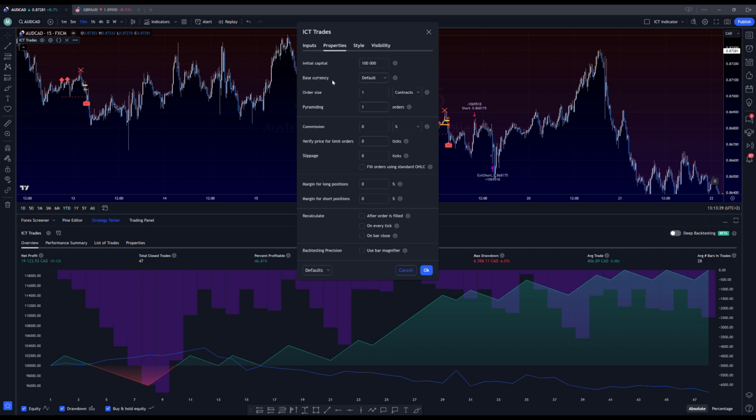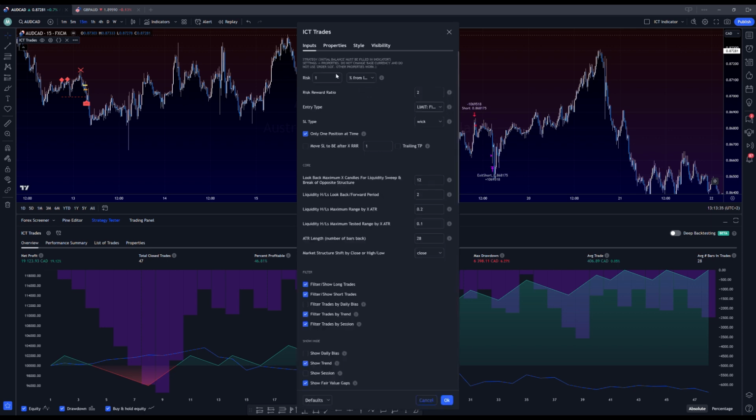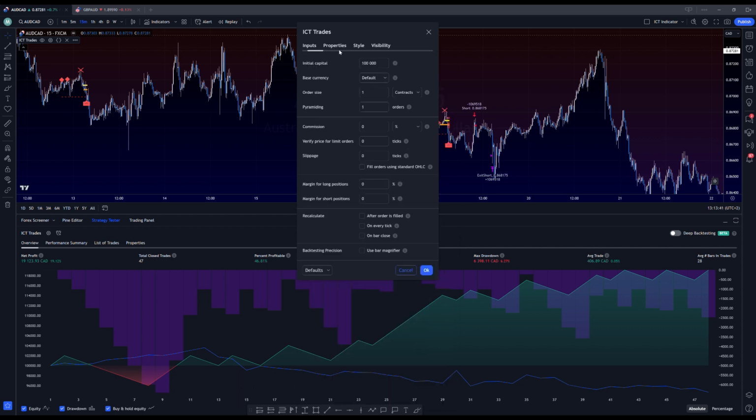Base currency, please do not change this, always leave it as default, and do not use this order size because order size is here with this risk. This is some custom risk, because this doesn't work as I want it to be working, so please use only this risk. But all other settings like pyramiding, commission, slippage, margin, recalculating, backtesting precision work.